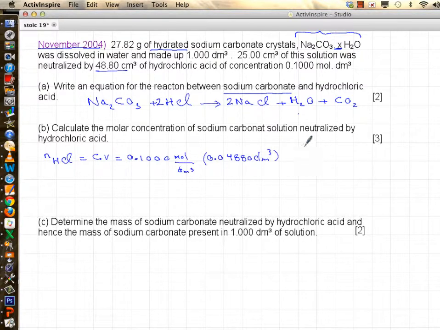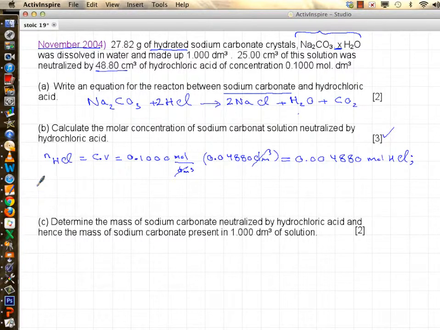When you do this, your final answer with 4 significant figures will be 0.00480 moles of HCl. Now, note zeros to the left are not significant, zeros to the right are significant. So I have 1, 2, 3, 4 significant figures at this stage. So I get 1 point out of 3 so far.